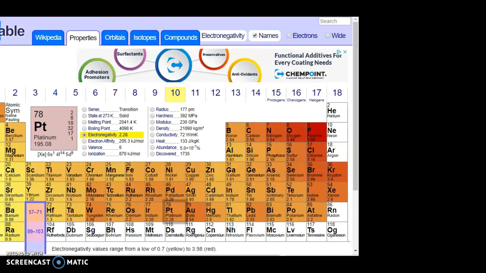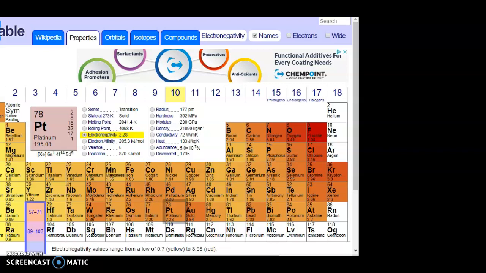So looking at this, and it may be cut off a little bit on the left side, the more yellow something is looking, the lower the electronegativity. The more orange and especially red things look, the higher the electronegativity. As we go down a column, a good example being group 17, the halogens, you can see generally going down this column, fluorine at 3.98, chlorine 3.16, bromine 2.96, iodine 2.66.